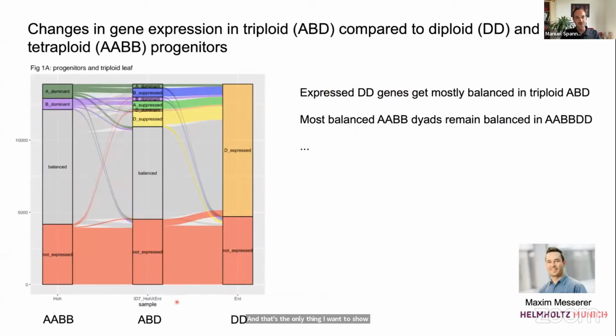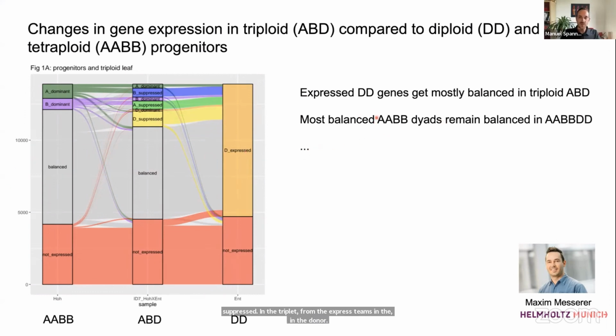When you now compare gene expression between the triploid, that's in the middle here, the diploid, and the tetraploid, you can see that most of the expressed genes in the diploid are actually going to the balanced state here in the triploid. But there is also a number that are getting suppressed in the triploid from the expressed genes in the donor.